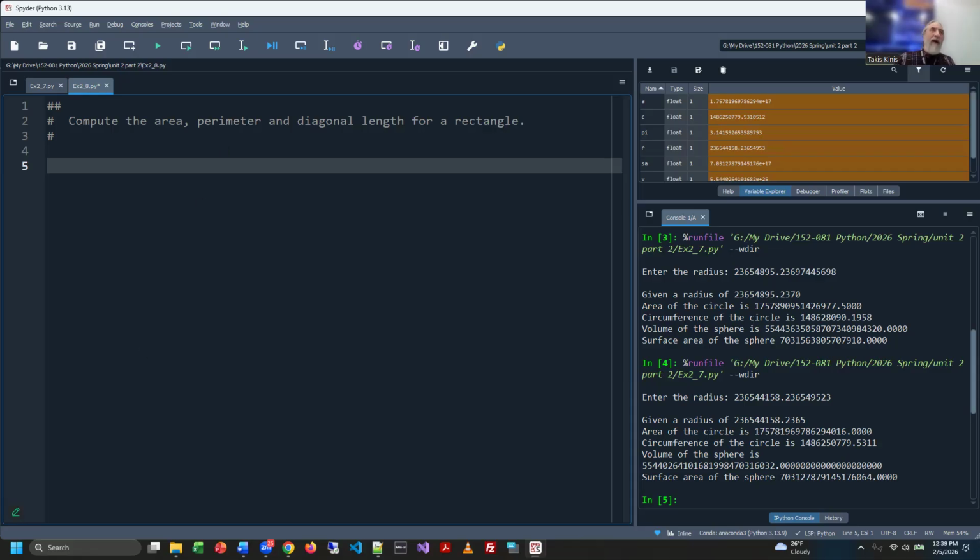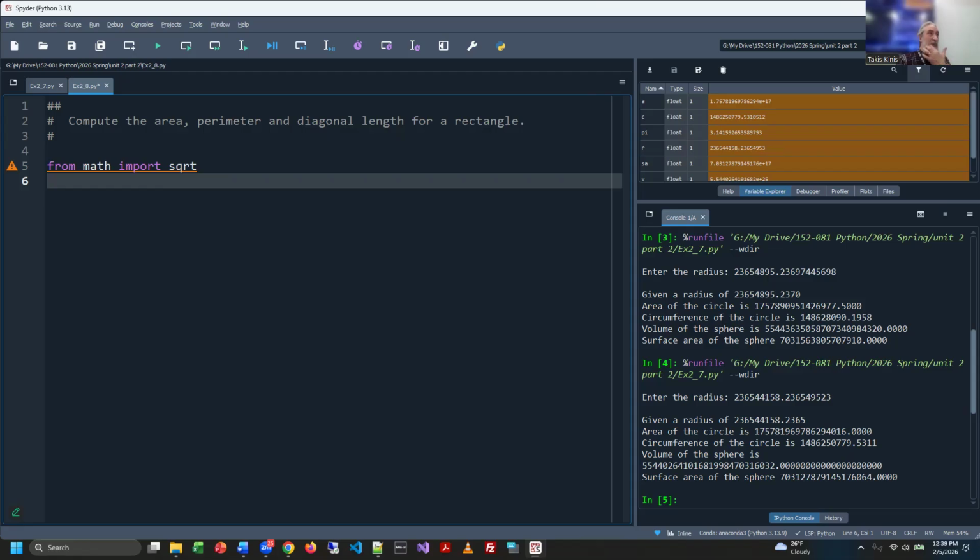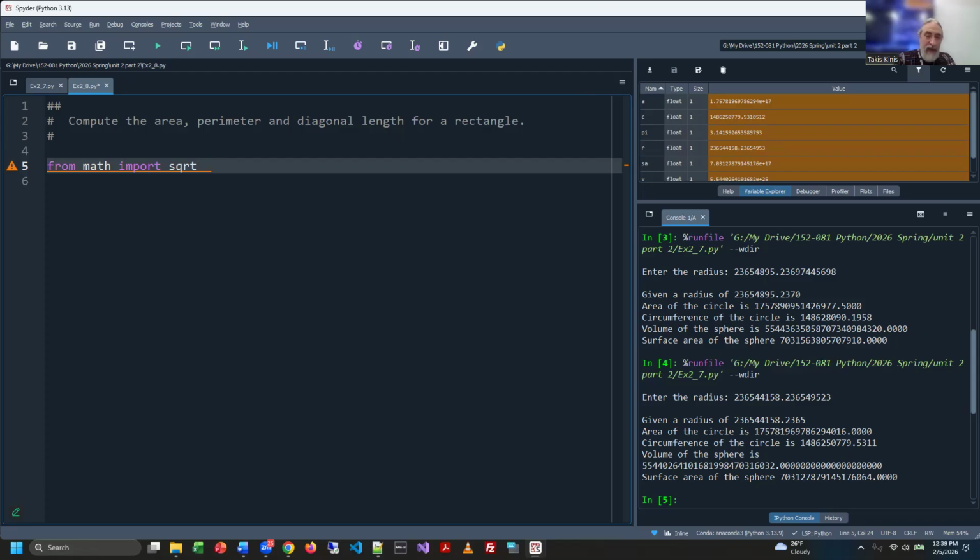Right. Now, when you do the square root for the diagonal, you do have the option, of course, to do the from math import the SQRT or square root function. So you can do that if you wish. And then I'm going to put in the or here, or you can raise it to the 0.5 power, right?